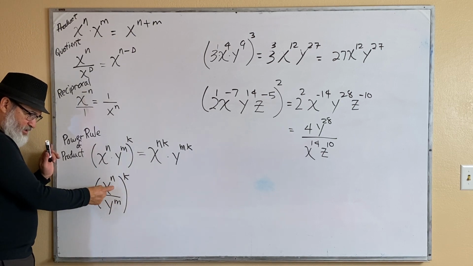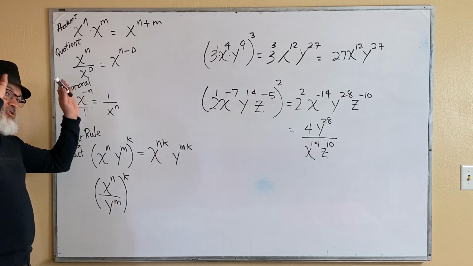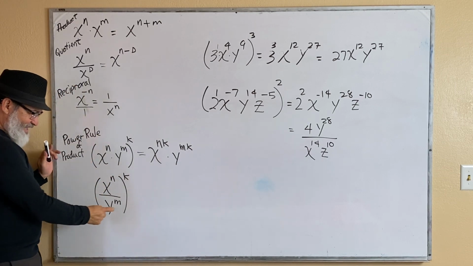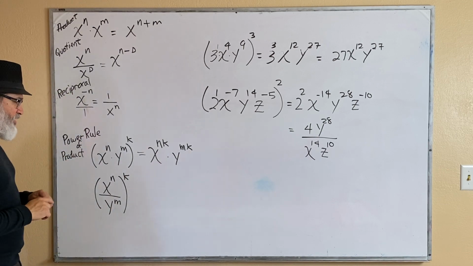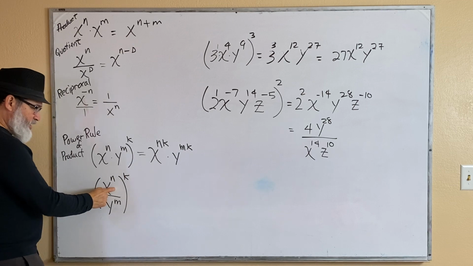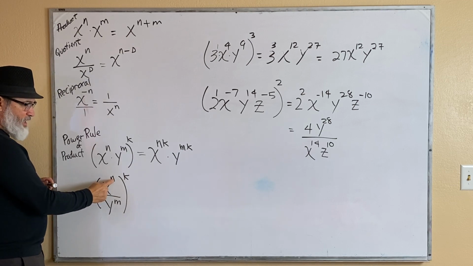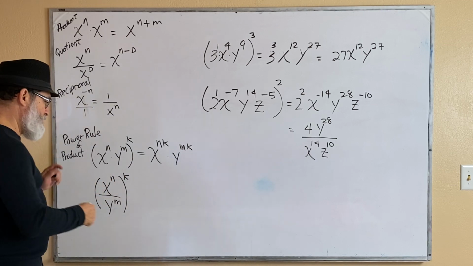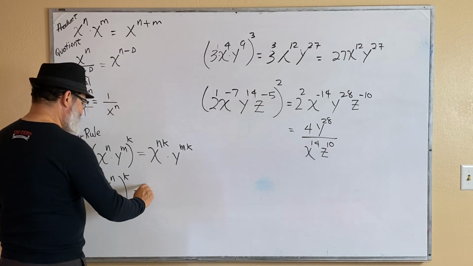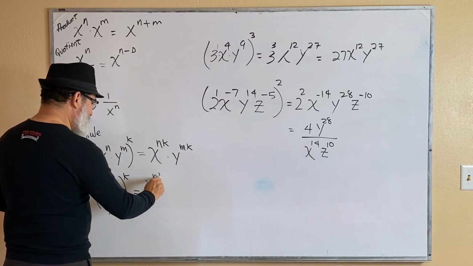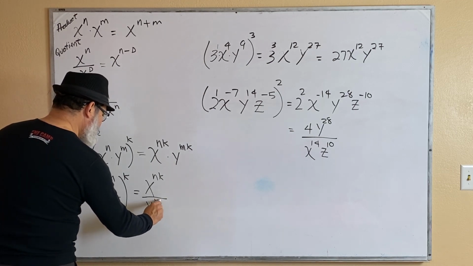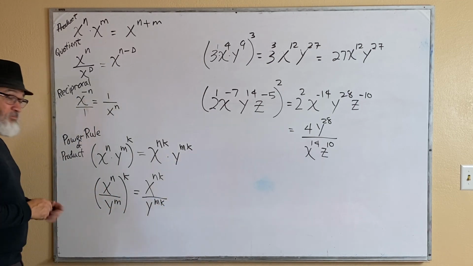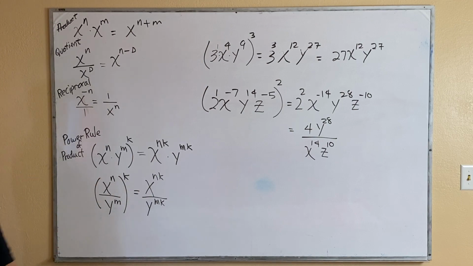And this puppy in the numerator is going to raise the roof, and this puppy in the denominator is going to raise the roof. How? Well, this one in the numerator, just multiply n times k. And this becomes x to the nk divided by y to the mk. That's the way we do it.